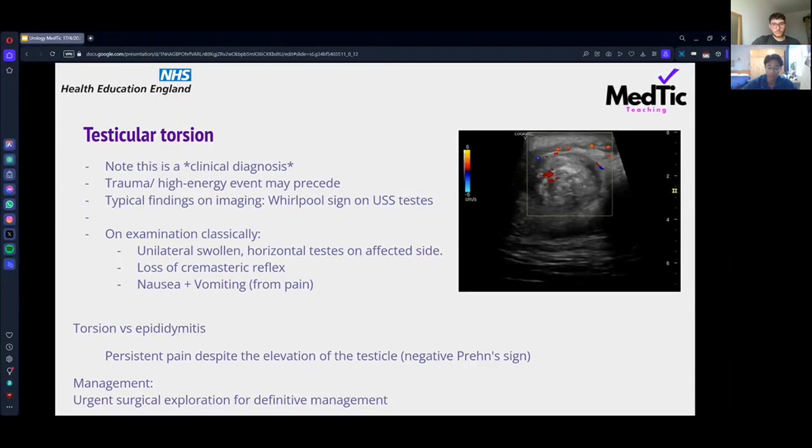However, based on presentation, you're going to find a unilaterally swollen and possibly horizontal testis on the affected side. I've not tended to find that patients will let you examine, but if you were able to do a physical examination, classically it'd be really swollen and possibly horizontal. You would also lose the cremasteric reflex, which is when you stroke the ipsilateral thigh, there should be a visible rise in the testis.